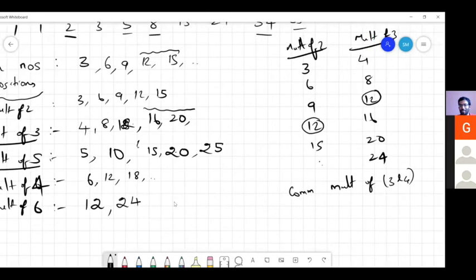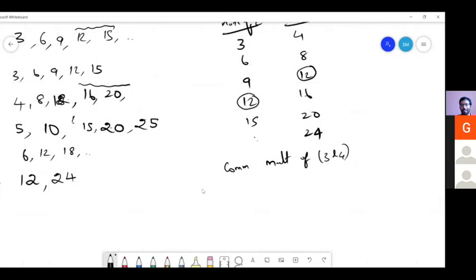So here there are 2 things we have to indicate. All the positions which are common multiples of 3 and 4 will come in this category. So can we characterize these numbers? 12, 24, 36, 48.